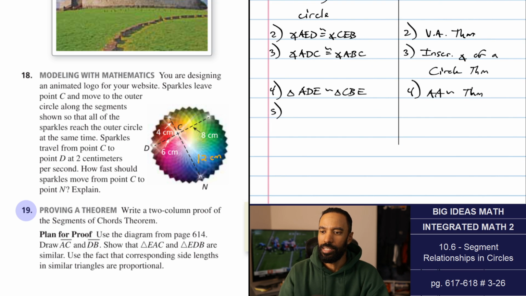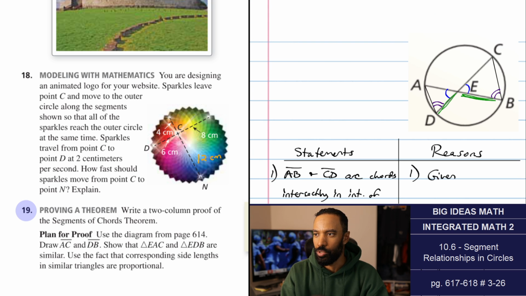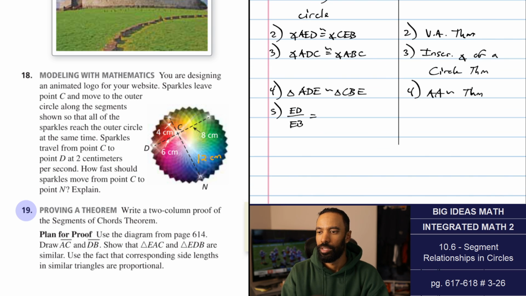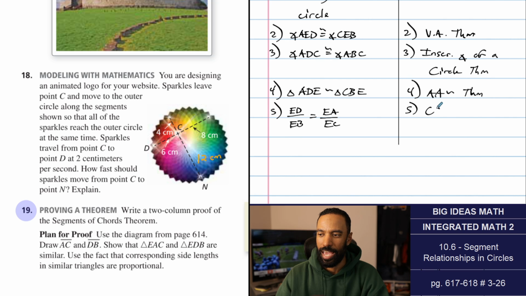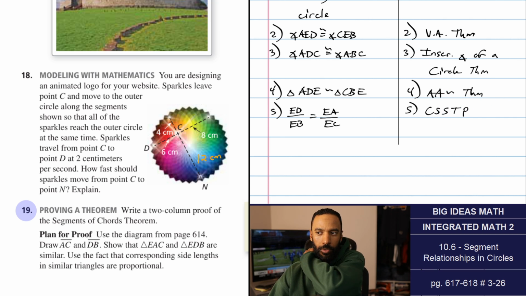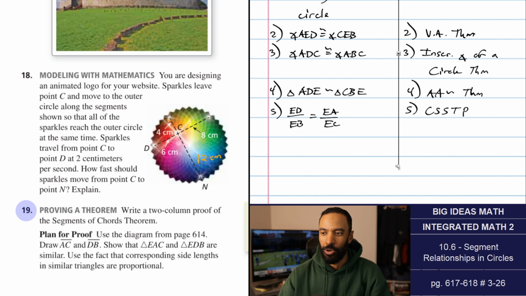So I'll say ED over EB equals, those parts correspond, and then the other parts that correspond here, EA over EC. ED over EB equals EA over EC. And I'll say corresponding sides of similar triangles are proportional. I've used that one before. I have to say it out loud to know what I'm spelling. Otherwise, I'm just used to CPCTC.